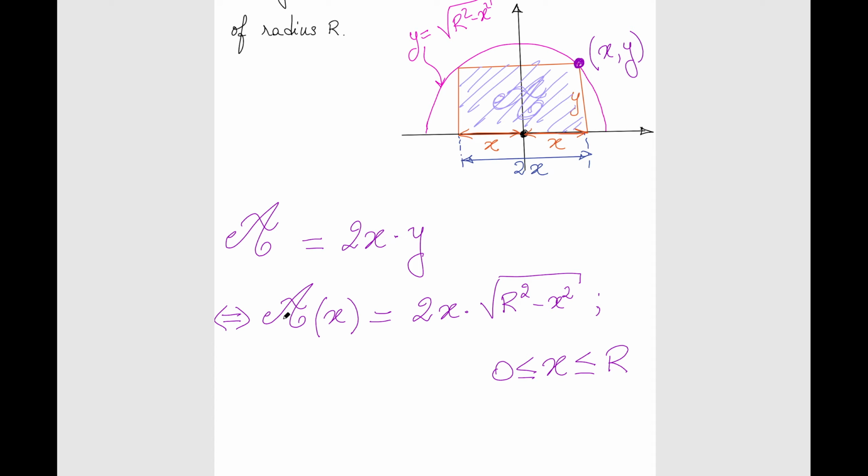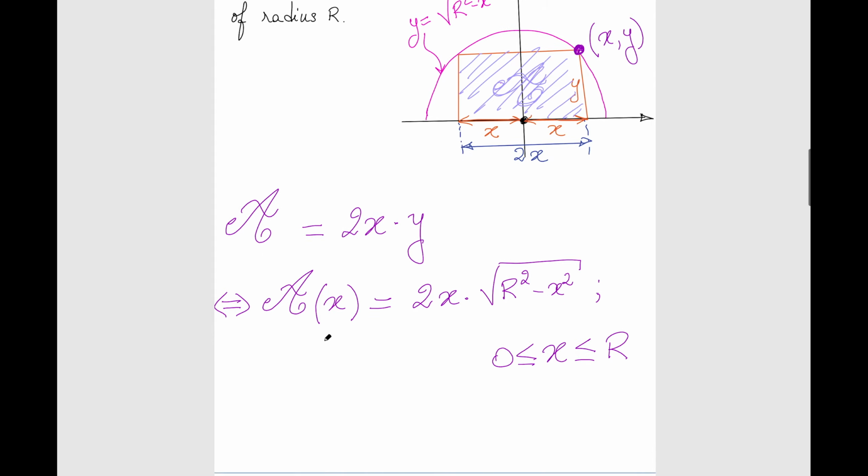I'm going to find the critical numbers of calligraphic A, then evaluate A at those critical numbers and at the endpoints 0 and r, and by the closed interval method that we learned a few sections earlier, I'll be able to deduce the absolute maximum.